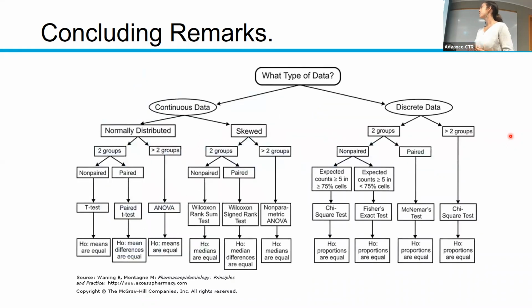I'd be happy to send the link for both of these if people are interested. I think we discussed a lot of these; Jess in particular, in the previous lecture, was focusing mostly on continuous data. So she didn't go through all of these, but she went through a lot of them. And then here we discussed all of these, except we did not talk about McNemar's test. But we just thought that was a good way of concluding this section.